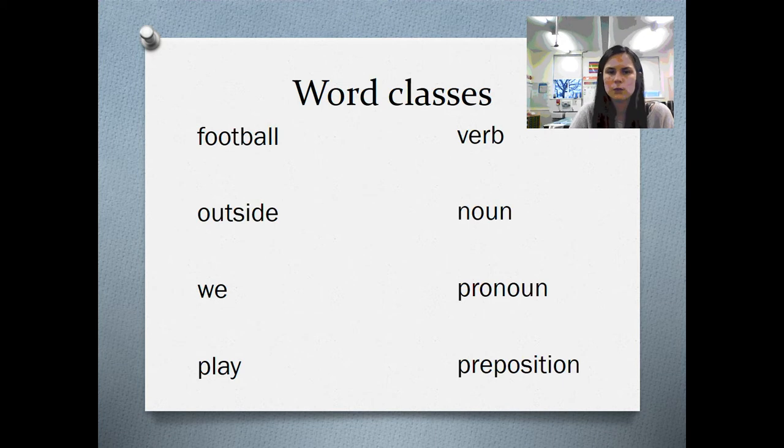Now, you've all been doing a great job with your facts, so have a go now. So, we know that football is a noun. Outside is our preposition. We, our pronoun, it replaces the proper nouns, okay, and play is the verb.